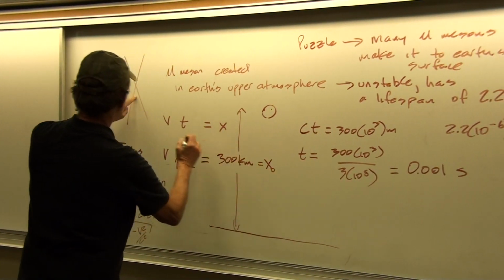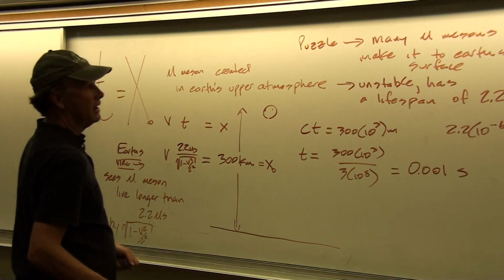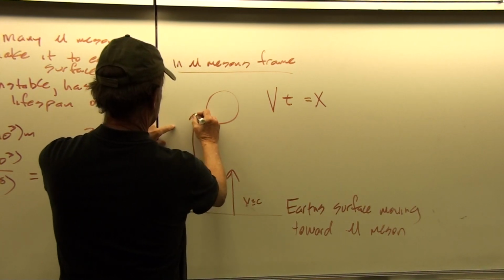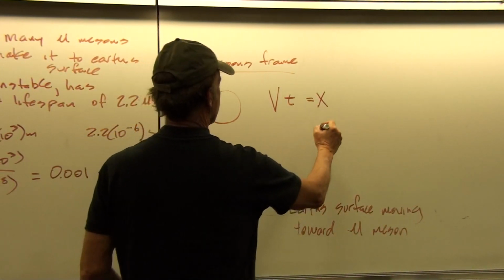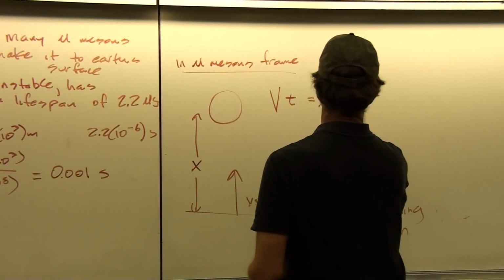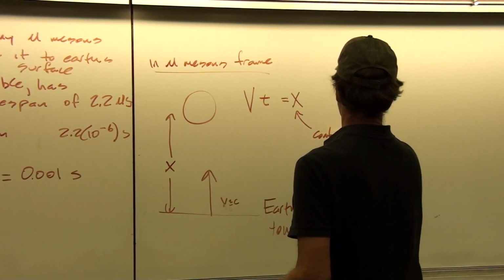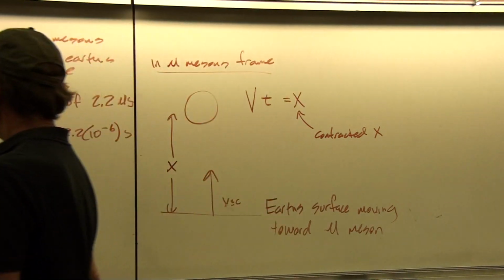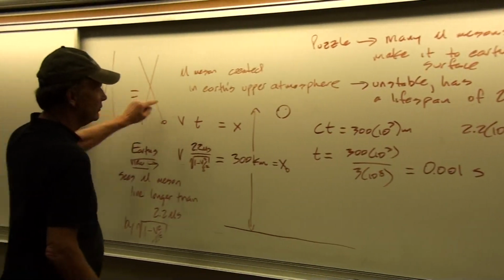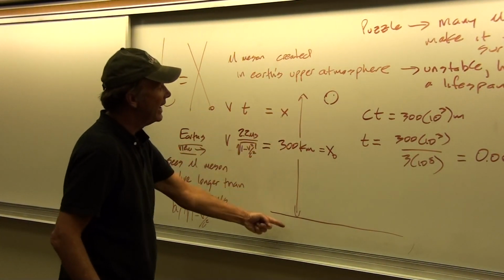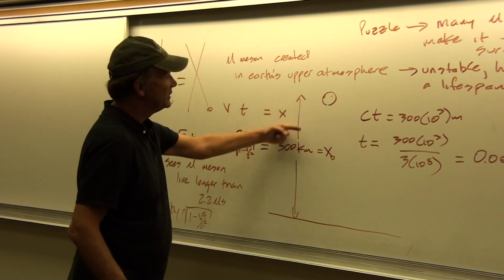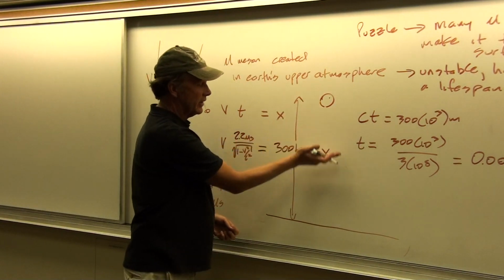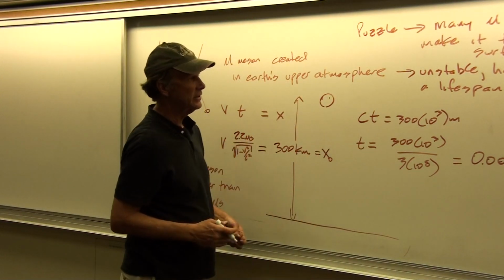So I'll call that x naught. And this is the contracted x, which is a smaller number. Okay, so this is the regular x, which I'll call x naught, because that's how big of a distance you go when you're in the same frame of reference as this bigger distance.